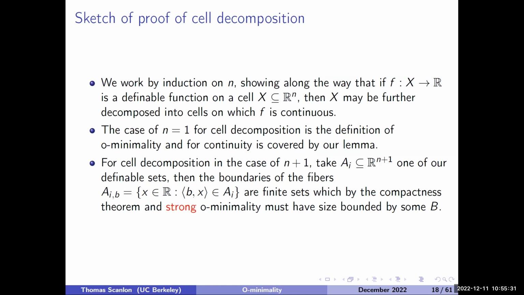And this is where strong O-minimality comes into it. Another way you could say it is that those boundaries are uniformly finite. So if you have a family of definable sets in one variable, the number of boundary points is bounded. So you can look at all of the boundary points here. So here we have the first boundary point, there, this one there.